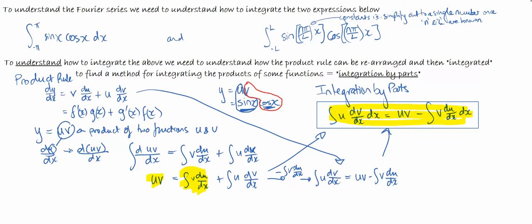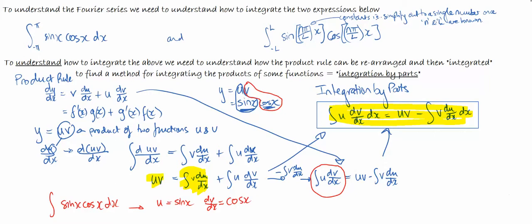So how would it be used? Well, when you want to integrate a function, so in this case we substitute in the functions that we want to integrate for u and dv by dx. So when I want to integrate sine x cos x dx, the way I'd use this formula is I'm actually going to label one of them u and the other one the derivative of v, because it would have been, that's the whole point, it would have been before it got differentiated.